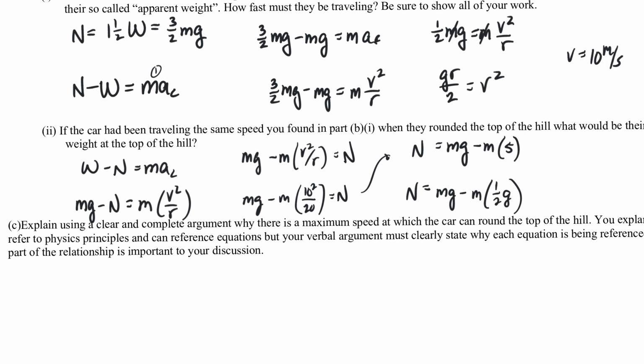This is a mental leap going from here to here, but I think it's an appropriate one, because that way I can write my answer as normal equals 1/2 the weight. I don't know how much credit you would have gotten if you put 10 in for g there and said normal equals 5m. It's not really giving me a comparison to the weight, but I think that's not a particularly challenging mental leap to say that 5 is half of 10 and 10 is g.